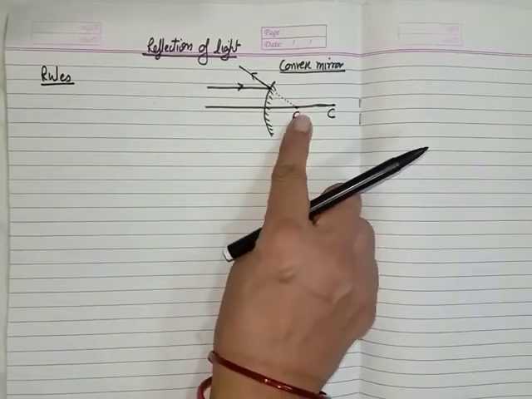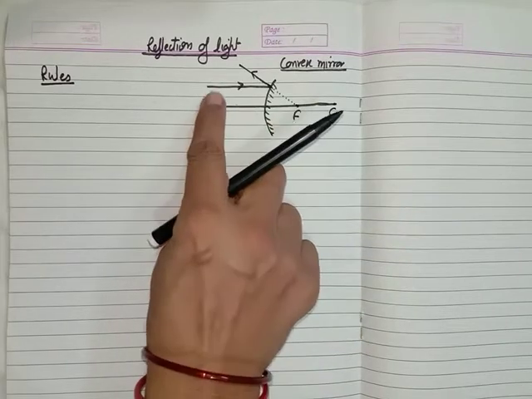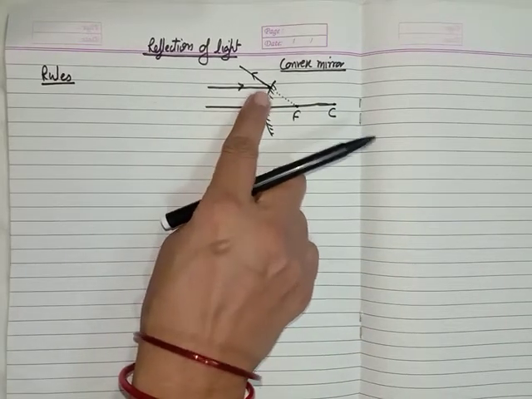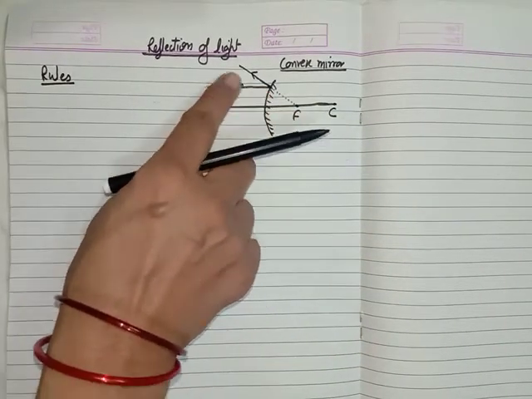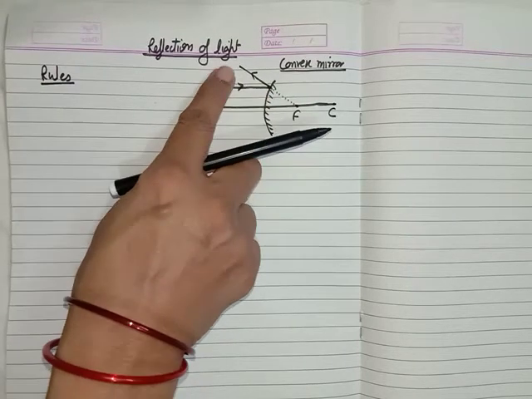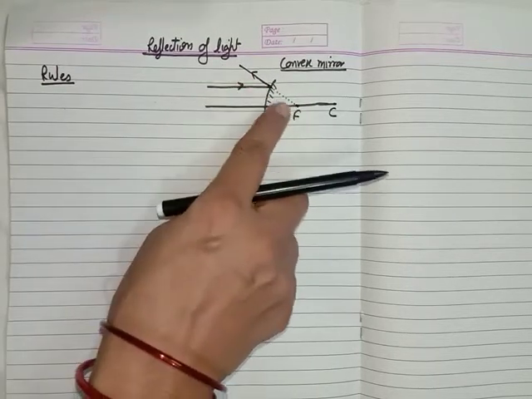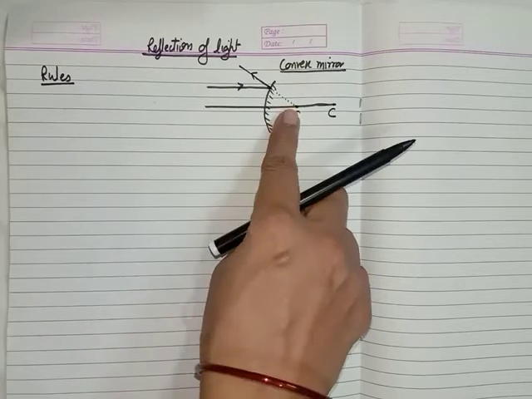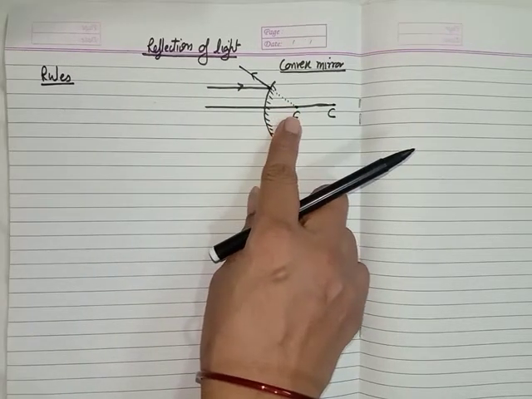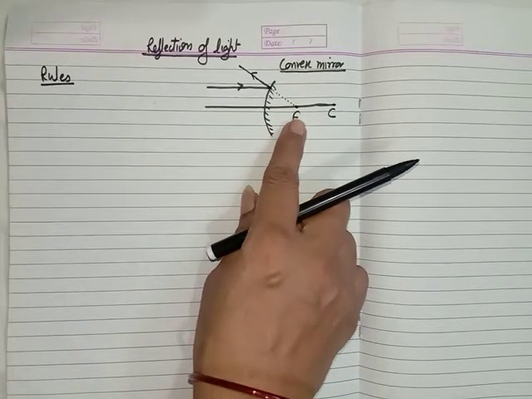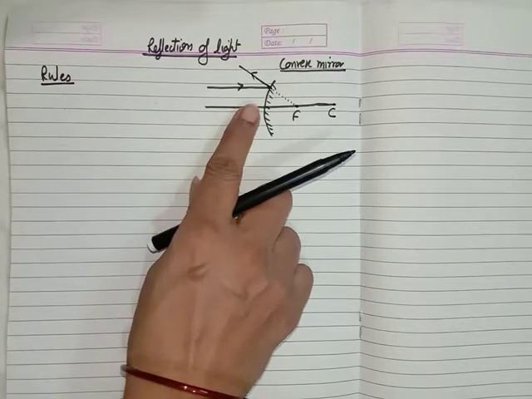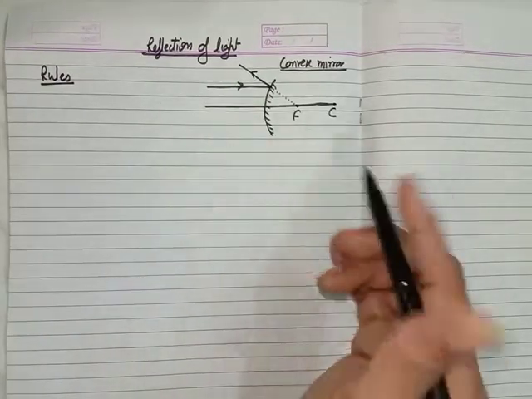This is the focus of the mirror, and the line which is coming parallel to the principal axis is reflected, or we can say diverges, along the path which meets the principal focus of the convex mirror. So this is the first rule, and you should always remember it.